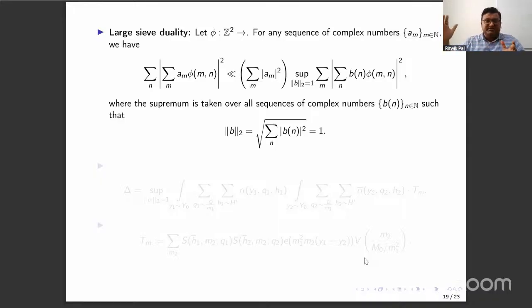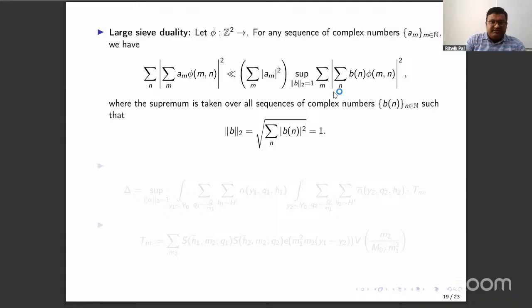It upper bounds that expression by another sum where the sum over n goes inside and the sum over m goes outside. At this stage, one should not apply a trivial bound. Rather, one should open up the square after applying the large sieve duality to get further cancellation or optimization.